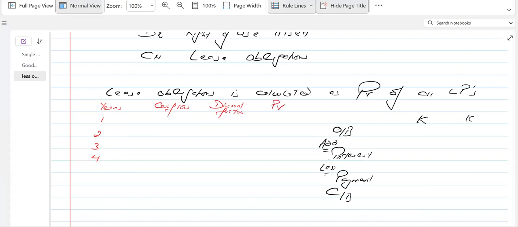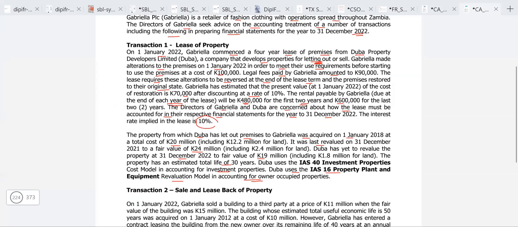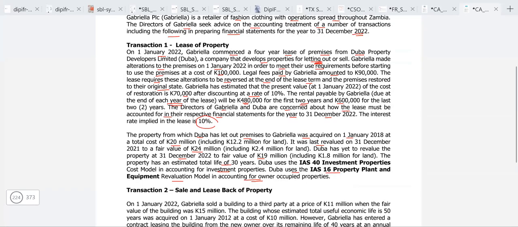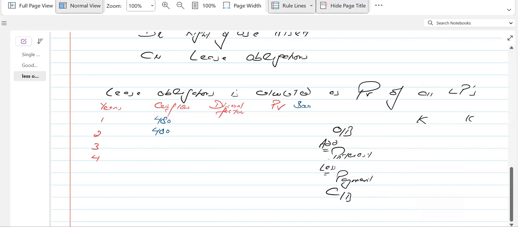So this is the format. In the first 2 years it is 480, and in the last 2 years, it is 600.